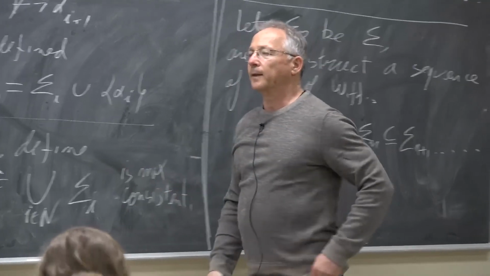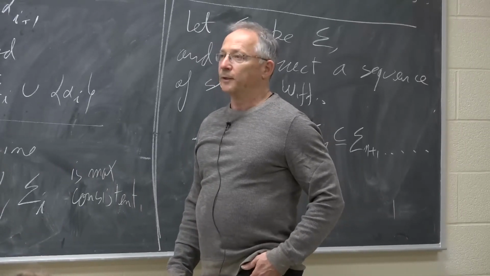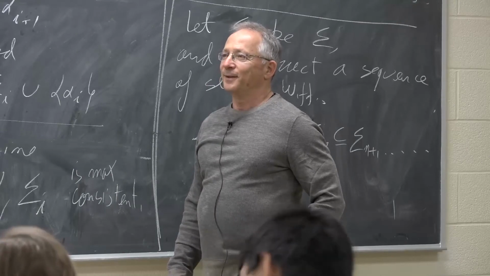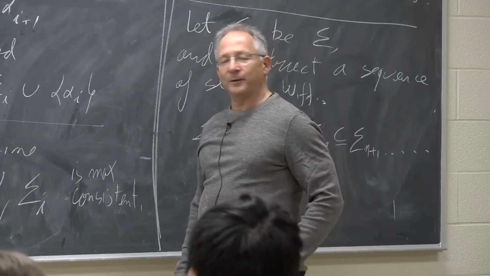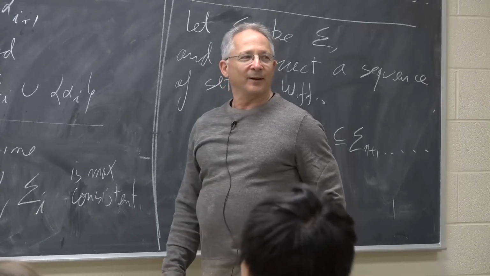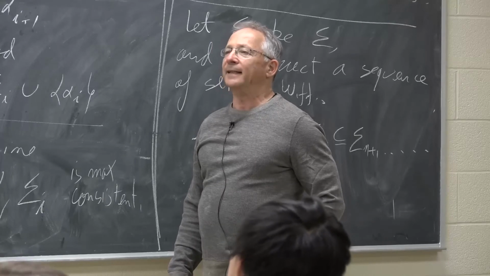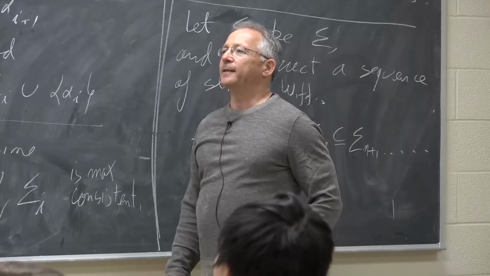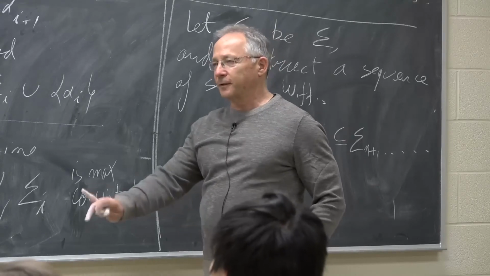Yes? Where in this proof did we use the axiom of choice? Right, we didn't use the axiom of choice. Oh, I thought you said you had to use it. The only reason I need the axiom of choice is if I want to claim it over any set of variables. If my set of variables was just p_i, i in N, then everything is okay.